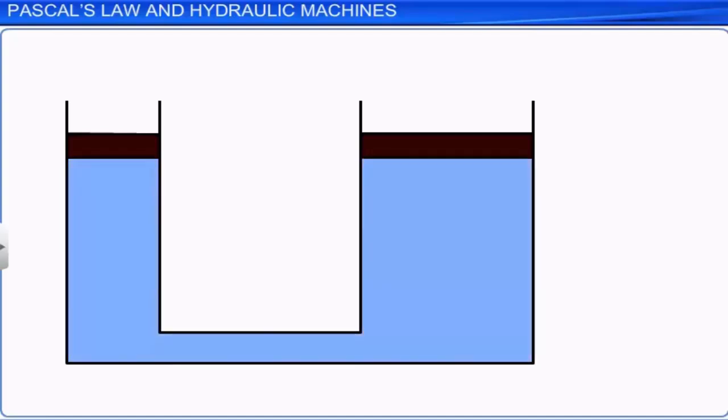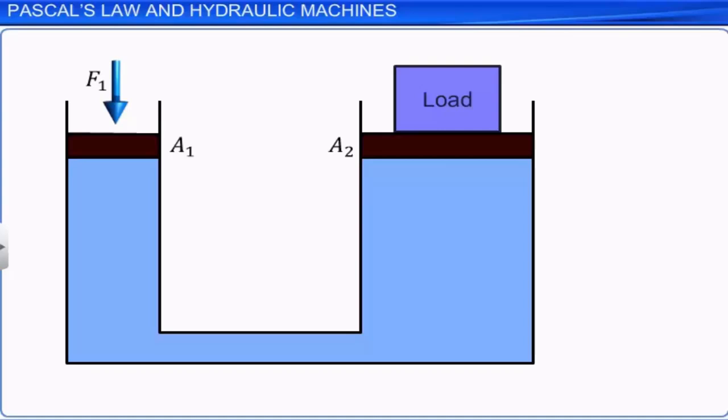A2. Let a downward force F1 be applied on the smaller piston A1. According to Pascal's law, this pressure F1 divided by A1 is transmitted equally to the piston, where A1 is the area of cross-section of the smaller piston.